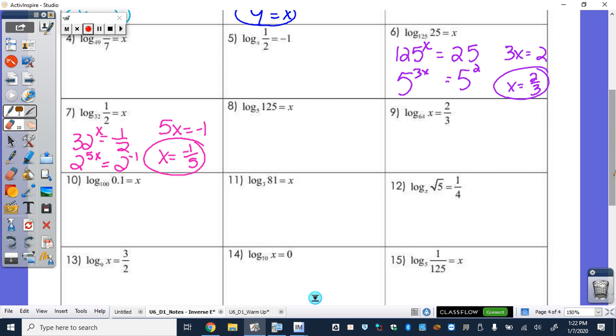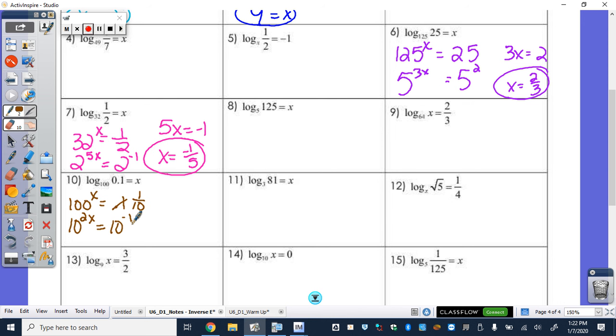What's our base on 10? 100. Exponent. And it equals 0.1. 0.1 doesn't help us out too much, so let's rewrite. What's 0.1 as a fraction? 1/10. So then we would want to use tens. 10 squared, and then 10 to the -1.